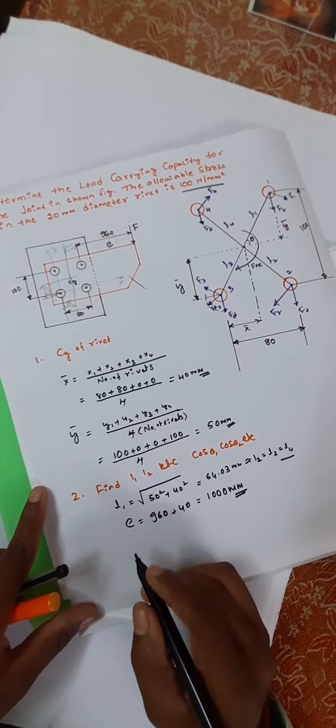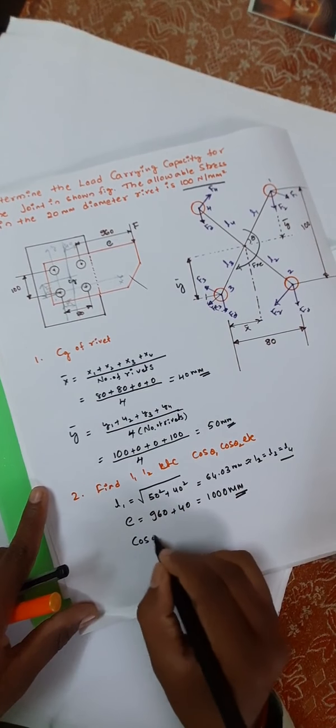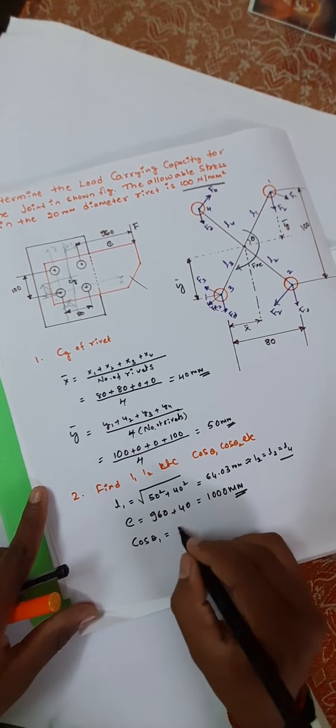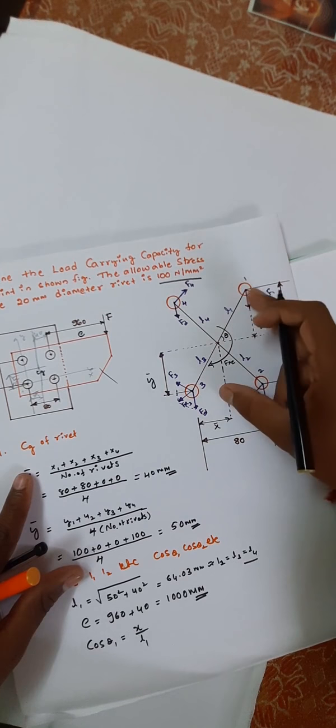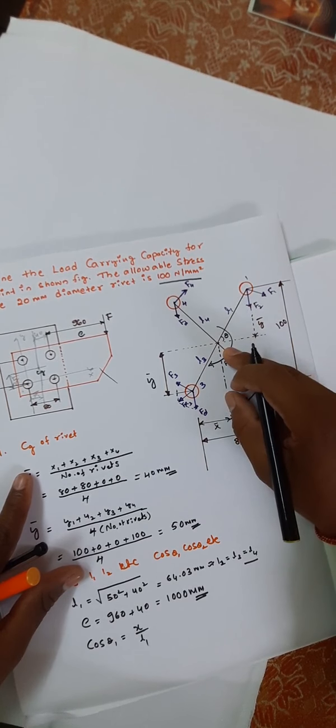Next, here what we need to find out? We need to find out the cos theta. So cos theta 1 is equal to x divided by L1. This is the theta. With respect to this we can find out the cos theta 1.